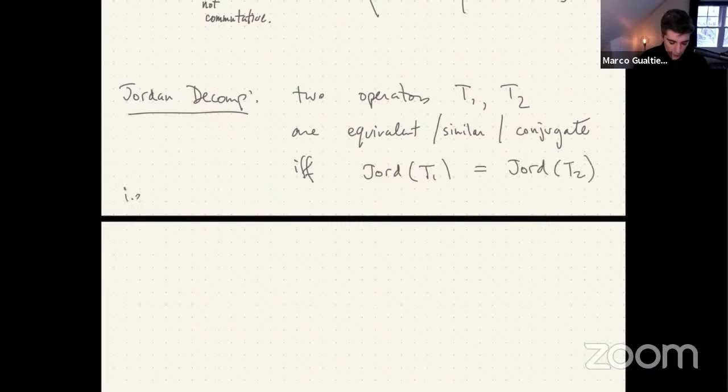In other words, the Jordan canonical form classifies your operator. So if you want to know whether your operator and someone else's operator are the same operator, just written in different bases, what you need to do is compute the Jordan canonical form of both and compare, and see if they're the same.